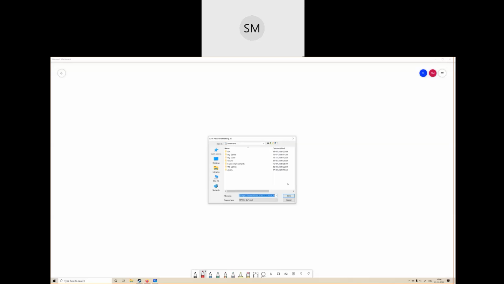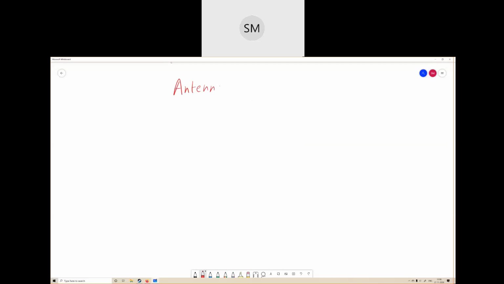So today's topic is antenna synthesis. In the last experiment, we did antenna analysis. We were given an antenna array and we had to find the radiation pattern. In this experiment, we will do the opposite.